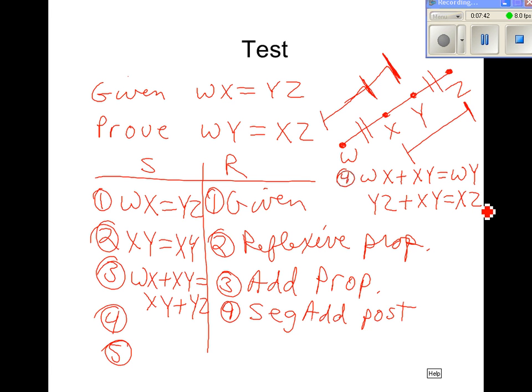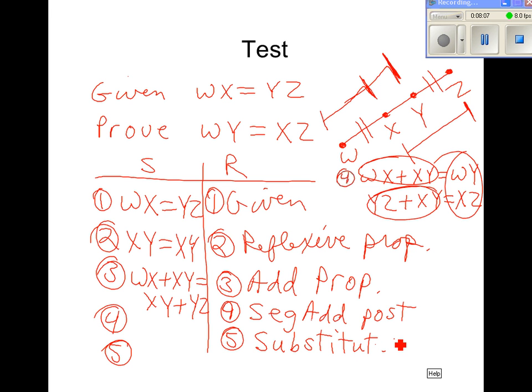What did we know about these two whole things? They were equal. Well, they're right here. If those two are equal, what's that tell us about these two? They have to be equal. What property tells us that? If we know this is equal to this, then any place we see this, we can put that in there. It's just substitution property.